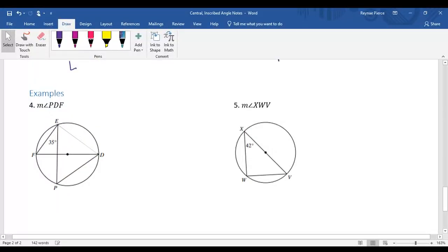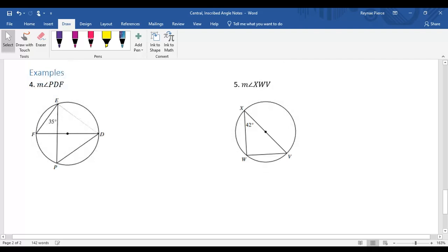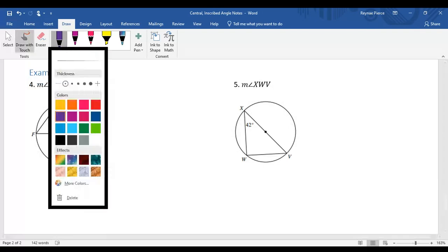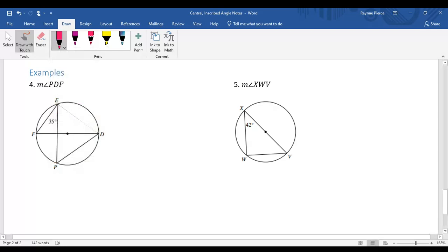So we've got two examples here. First one, we are looking for the measure of angle PDF. Angle PDF intercepts arc PF.